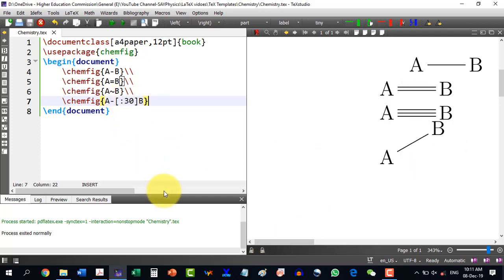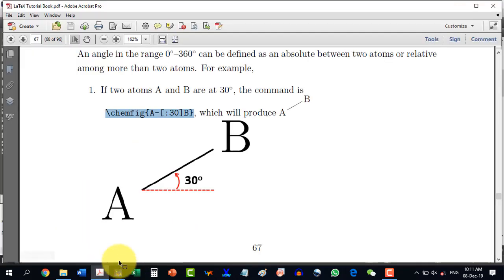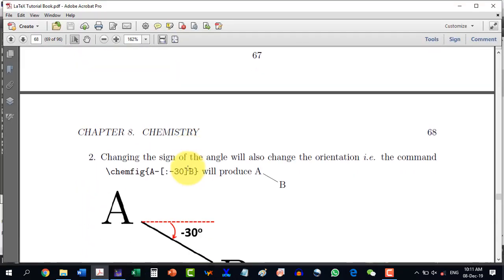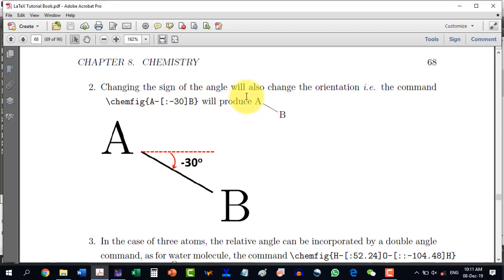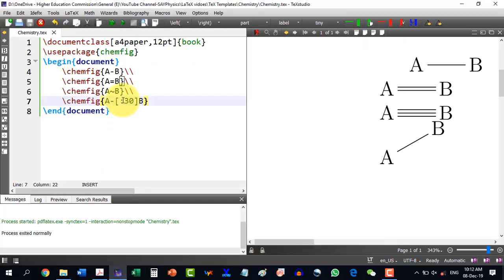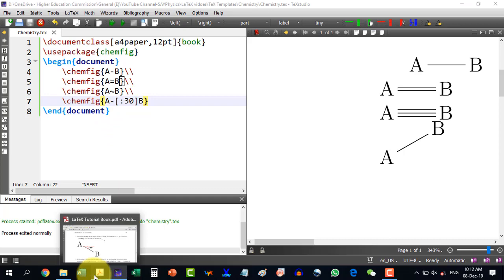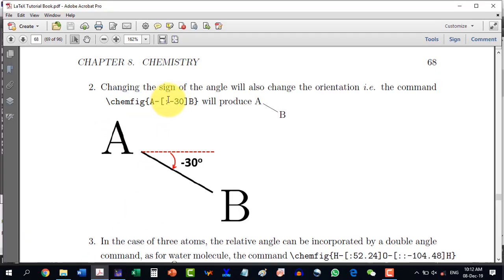Similarly, if I want to make this angle at minus 30, like A here and B here in this image, I will have to write minus 30. So from the horizontal line it will come down at 30 degrees. The minus should be in front of the number and not in front of the colon.